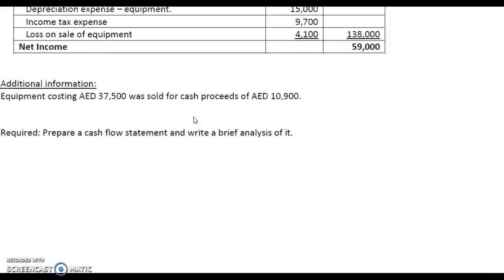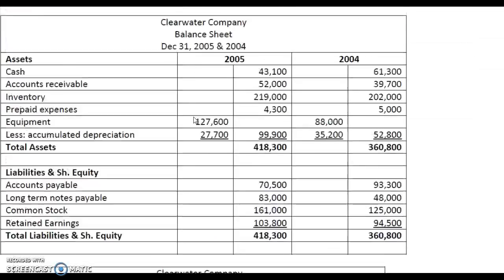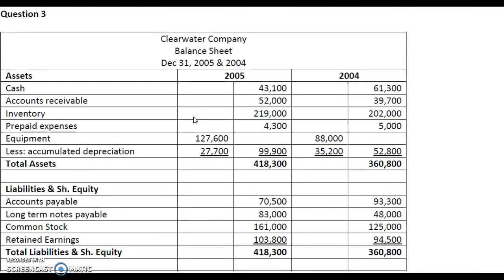Now for purchase of equipment, you first want to go to the balance sheet and check for the equipment. It was 88,000 in 2004. We always look at the cost and not the net book value. So 88,000 was the equipment in 2004, and it has increased to 127,600 in 2005.